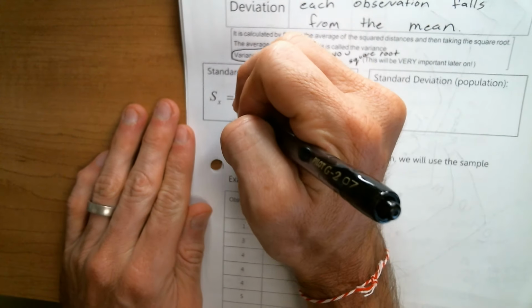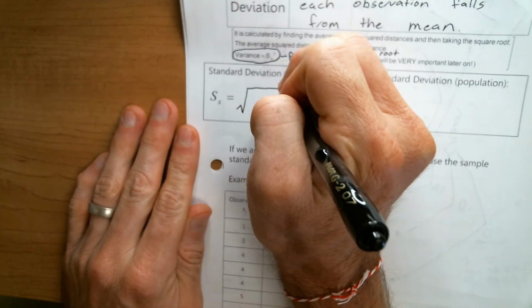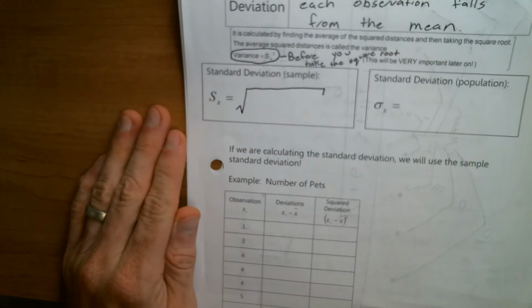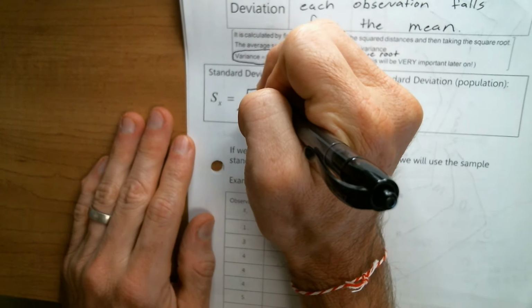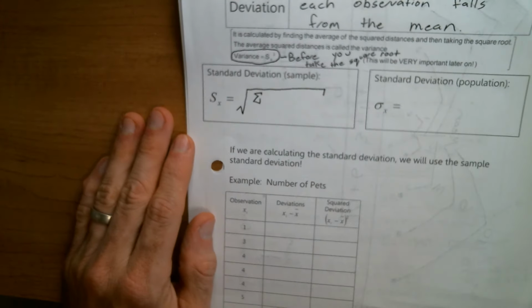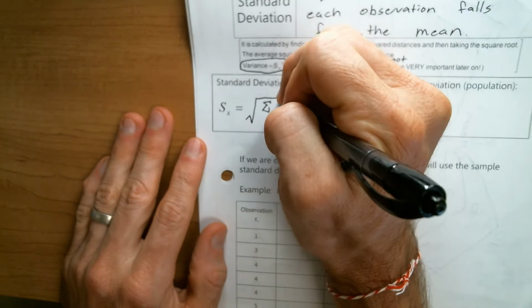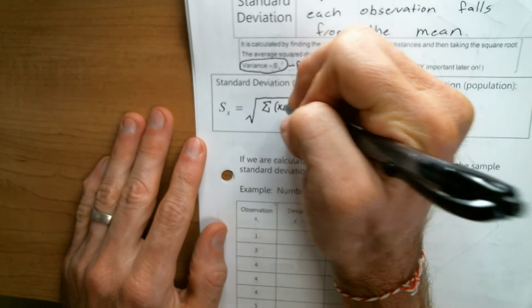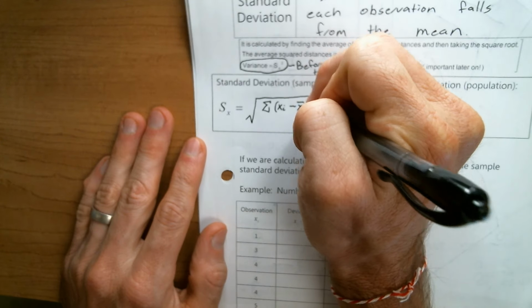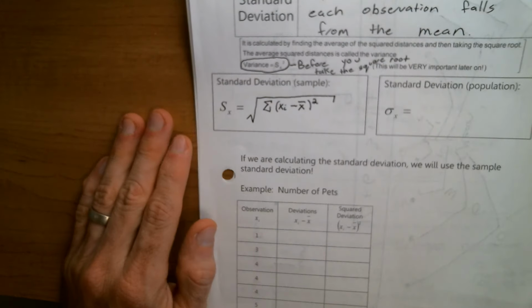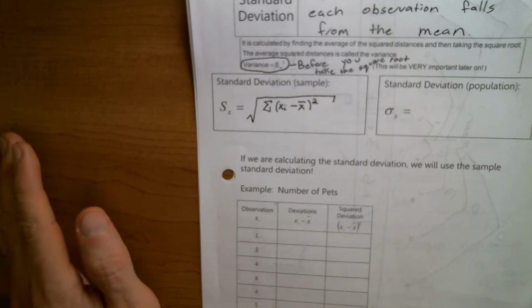Now, the formula is as follows. It's the square root of the summation, which just means add together, of x sub i minus x bar, squared. So what does that mean?